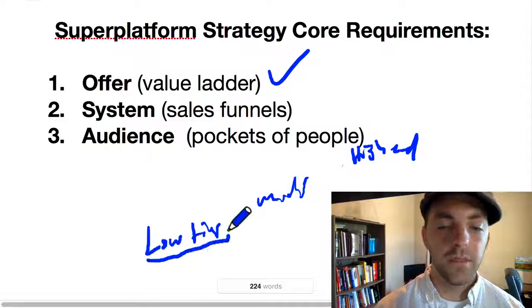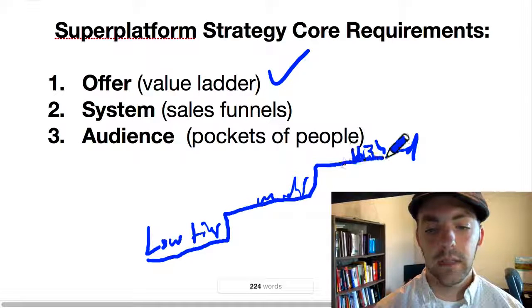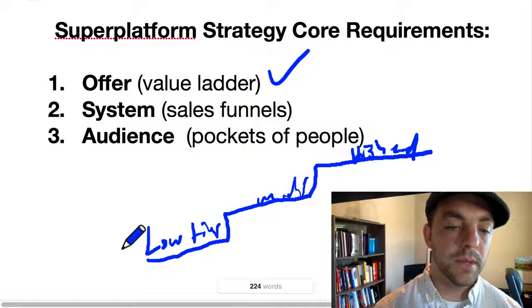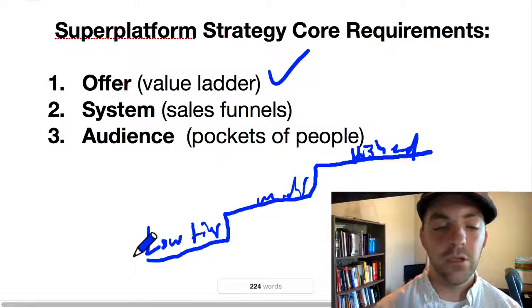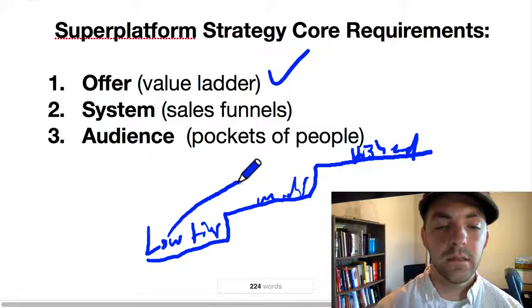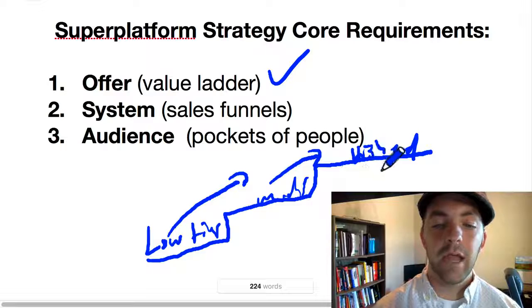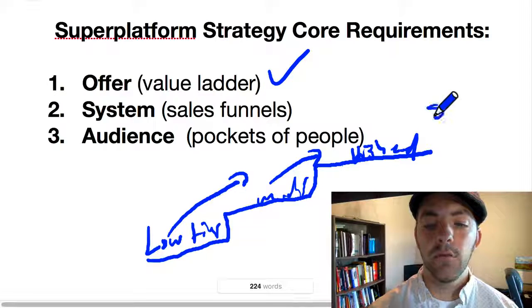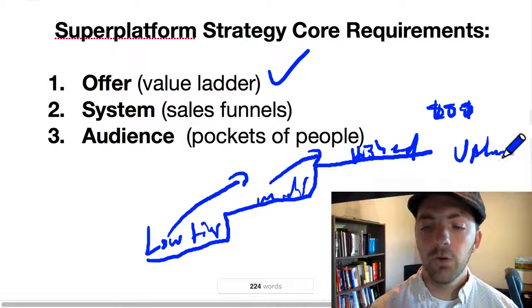This allows your buyers to come in at a low cost, high value, and ascend up your value ladder, for more revenue for you and more value for your buyers.